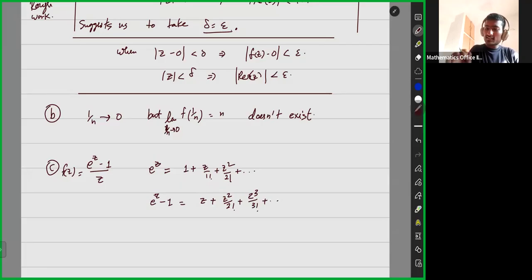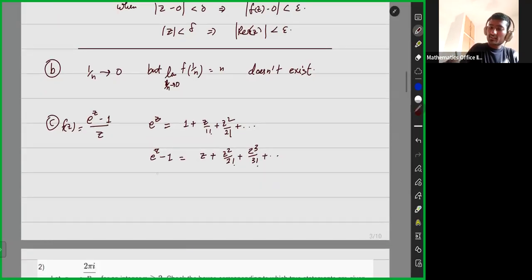To form f of z on the left side, we should divide by z. So e power z minus 1 divided by z is equal to 1 plus z by 2 factorial plus z square by 3 factorial and so on, taking z common.